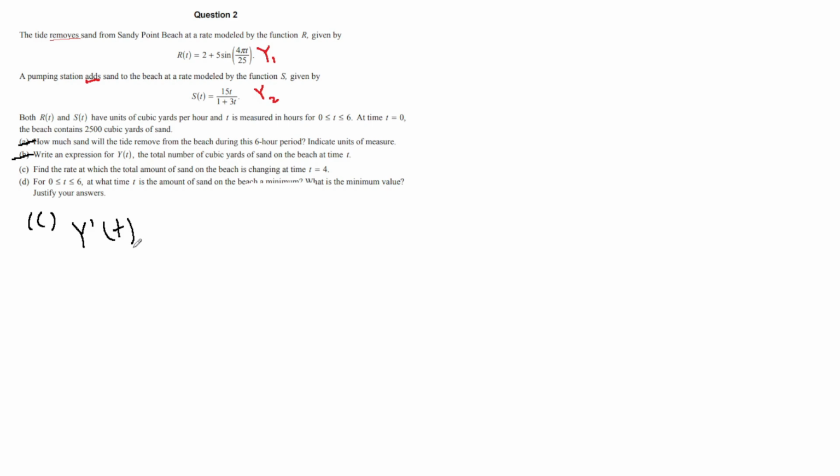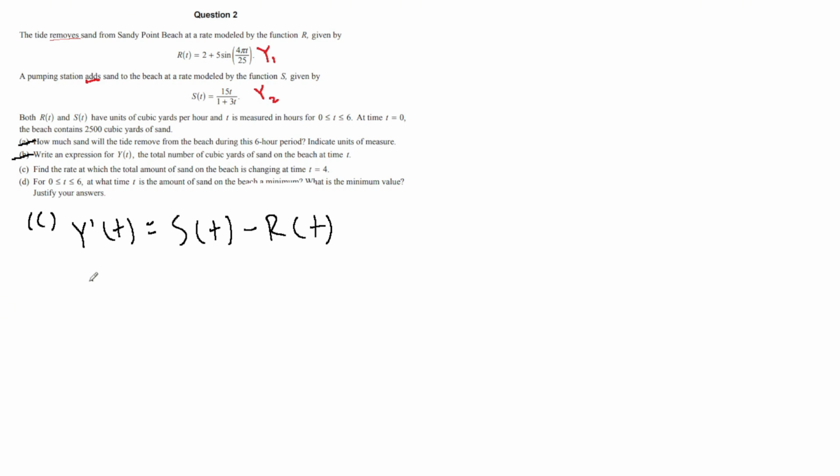So y prime is the rate at which the total number of cubic yards is changing, which we're trying to find. Y prime of t is equal to s of t, which is our rate that sand is added, minus r of t, which is the rate at which sand is removed. Because if we take all the sand added and subtract all the sand removed, we have the general rate of change of sand on the beach.